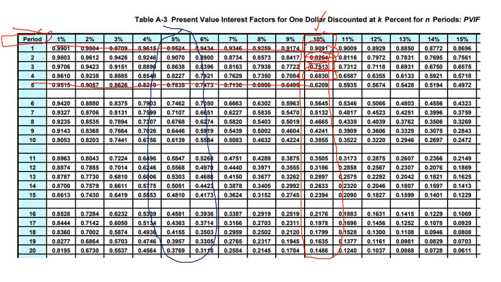Now, for example, on the first year, your cash inflow is 30,000, so 30,000 times, just copy this one, 0.9091.